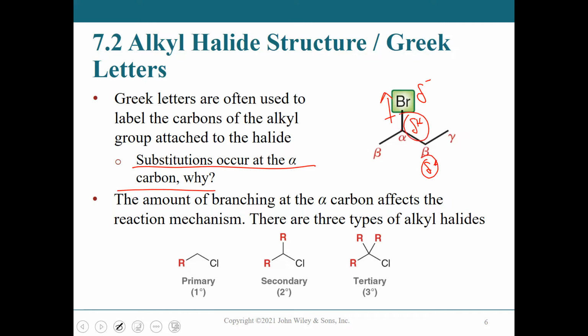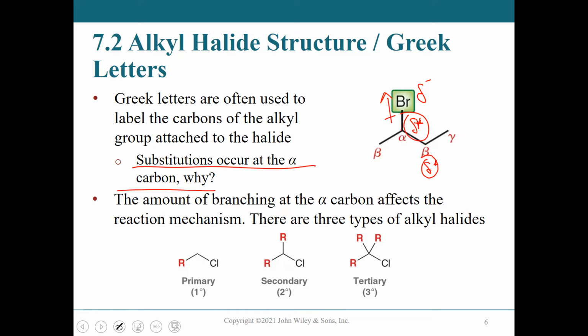The alpha definitely suffers that effect of the electronegativity because it's right next to it, attached to it. So obviously the substitution will occur at the alpha carbon, not at the beta, not at the gamma. Why the alpha? Because it's right next to the halogen, which is electronegative. It's selfish. It's the bad guy of this movie, right?